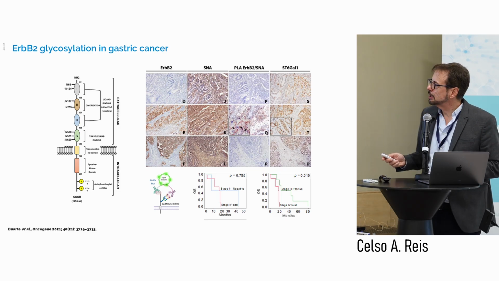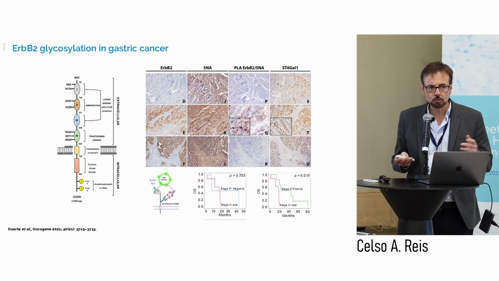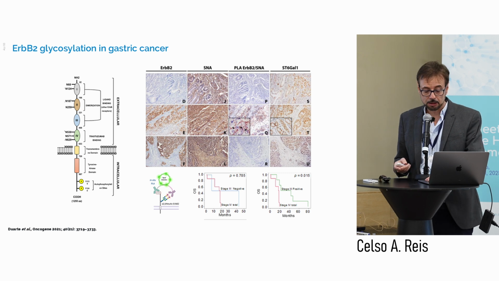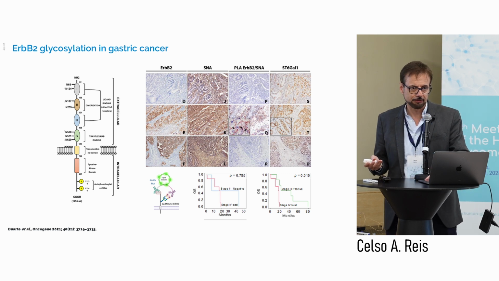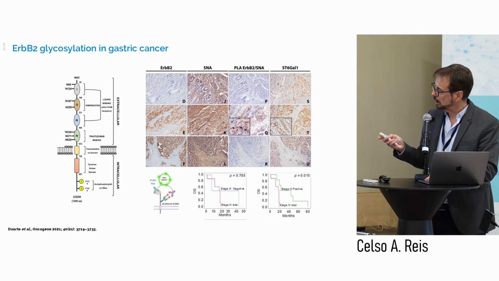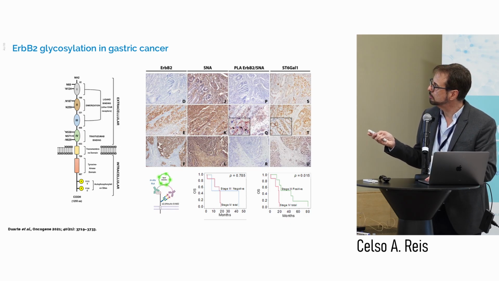But in an initial step, we have developed some strategies to detect in situ by proximity ligation, in this case, detecting alpha-2,6 sialylation on the protein. Some cases are completely negative for the signal, and others are clearly positive.